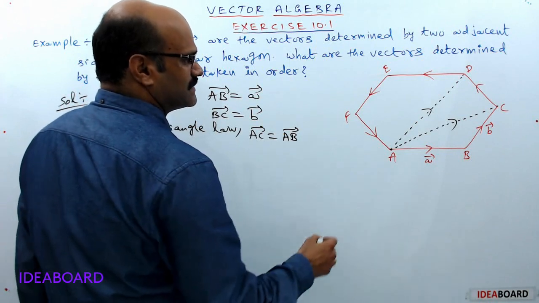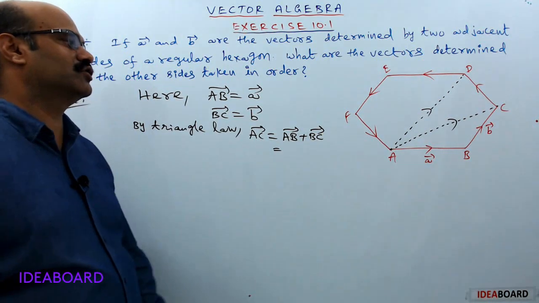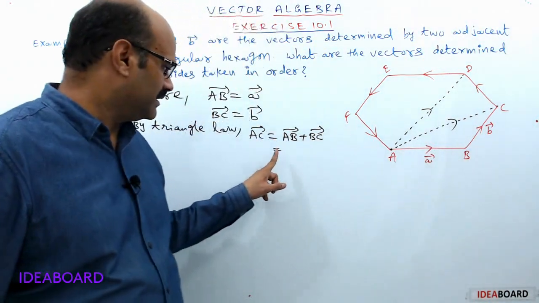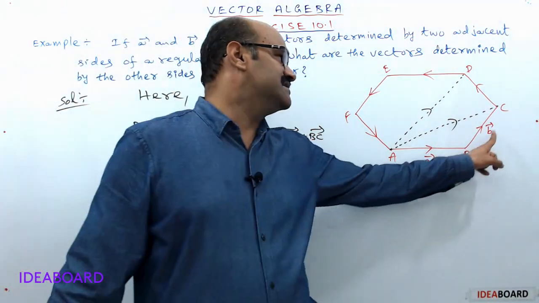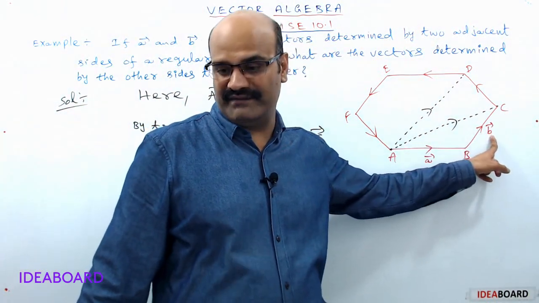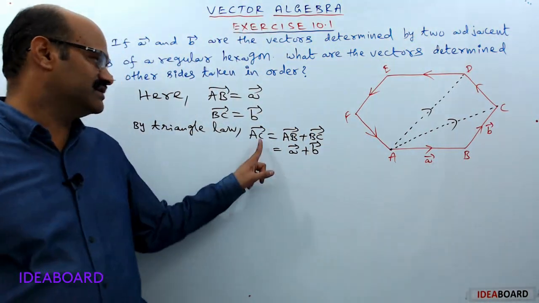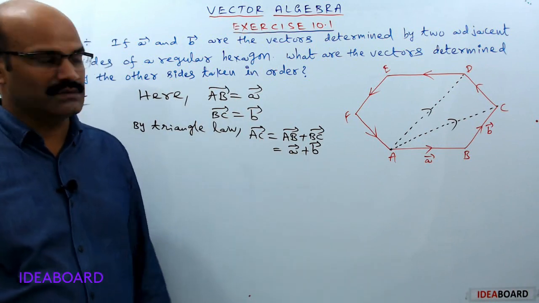AB vector is A vector, and BC vector is B vector. So AC vector is always equal to A vector plus B vector.